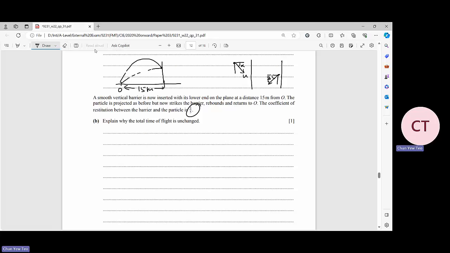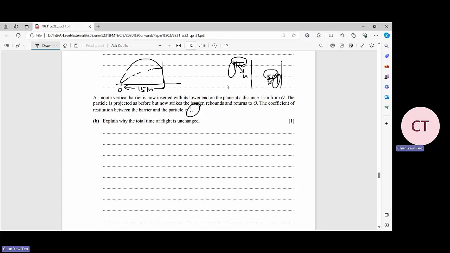So the collision over here only involves the horizontal component. For the vertical component, it's still the same before and after. When you look at the speed of the particle before and after the collision, the vertical component of the speed is actually the same.